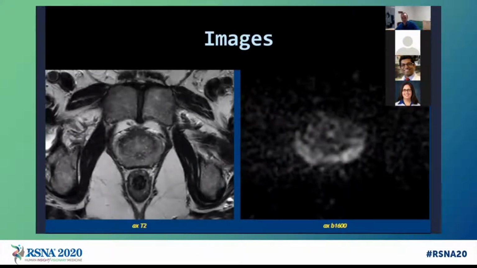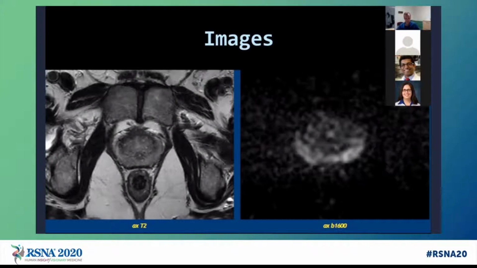Sure. Again, we have the axial T2 weighted image on the screen left and the high B-value diffusion weighted image on screen right. Throughout the peripheral zone in this case, you can see some intermediate hypointense T2 signal, all associated with some impeded diffusion, although it seems overall pretty mild, both the degree of T2 hypointensity and the degree of impeded diffusion.